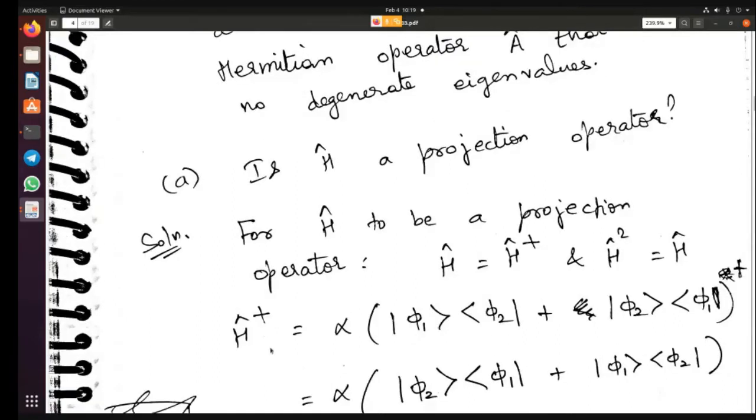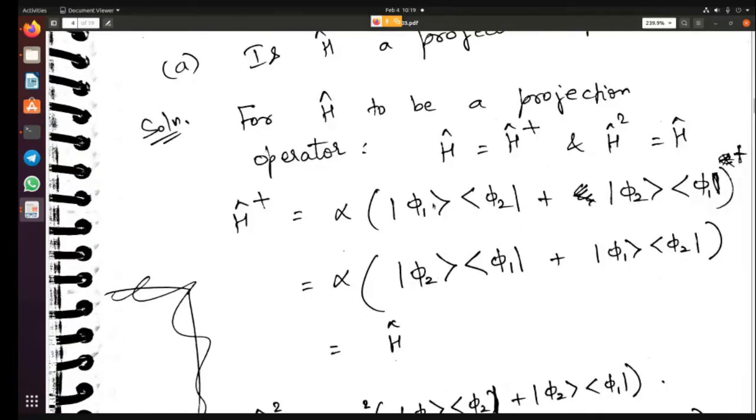So what is H dagger? If H is given by this, then H dagger would be this whole dagger. Basically it will interchange the ket and bra. So phi 2 bra will become phi 2 ket, and phi 1 ket will become phi 1 bra. This is what will happen.